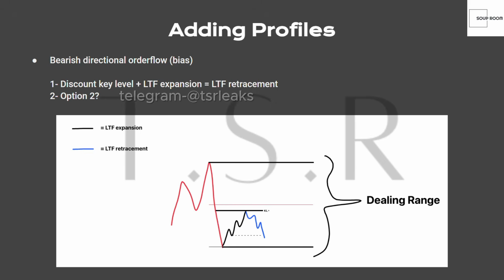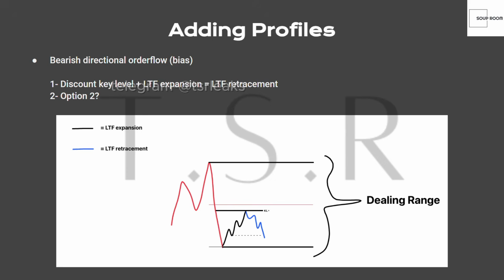So what happens when the situation is bearish, when the bias is bearish? We have two options, once again, very similar to the previous options of the bullish situations. Option one, we have a key level in a discount and a lower time frame expansion.